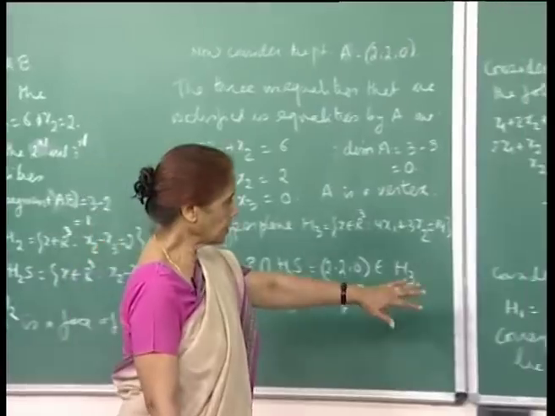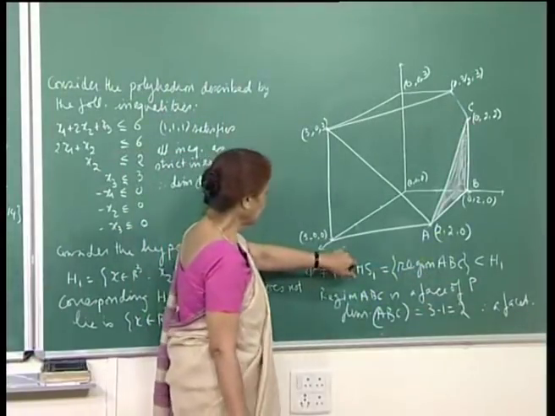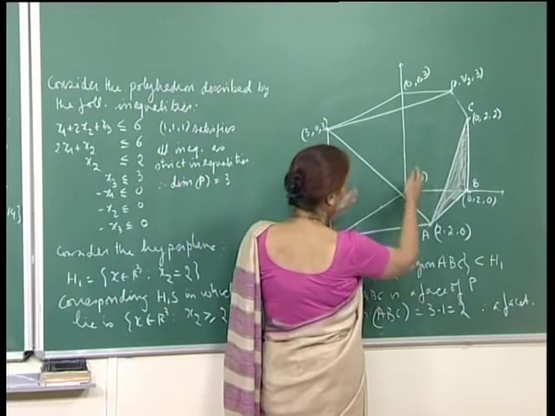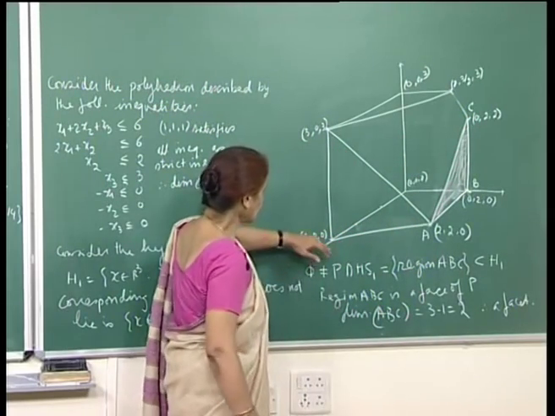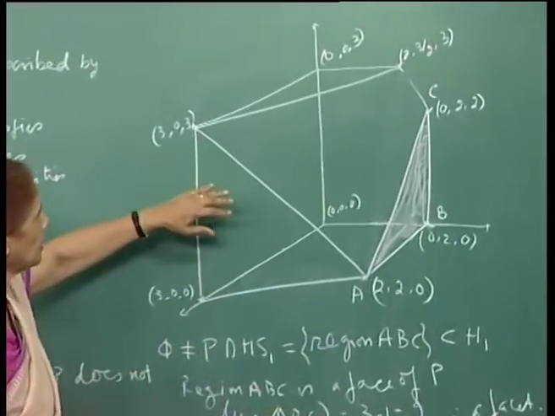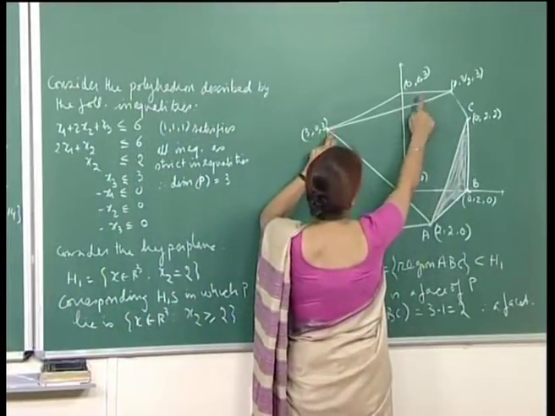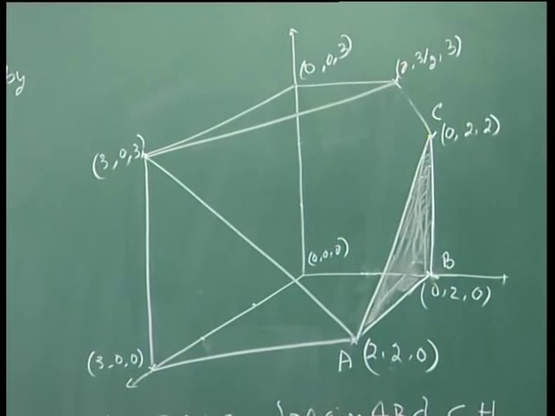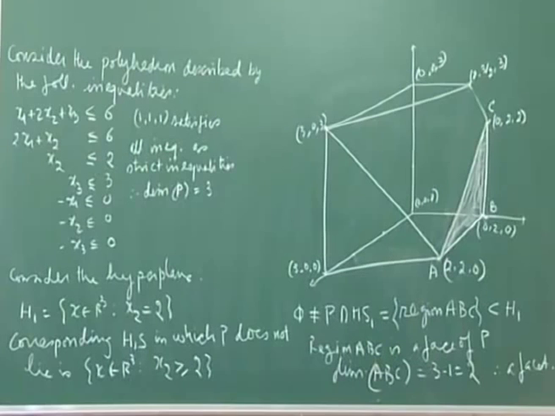Now you can do the same exercise for all other edges, for example, this is an edge, this is an edge. So try to construct supporting hyperplanes at these vertices as well as for the edges, and show that, for example, x 3 equal to 3 is a facet of this polytope, which you can also sit down and show by considering the hyperplane x 3 equal to 3 and so on.